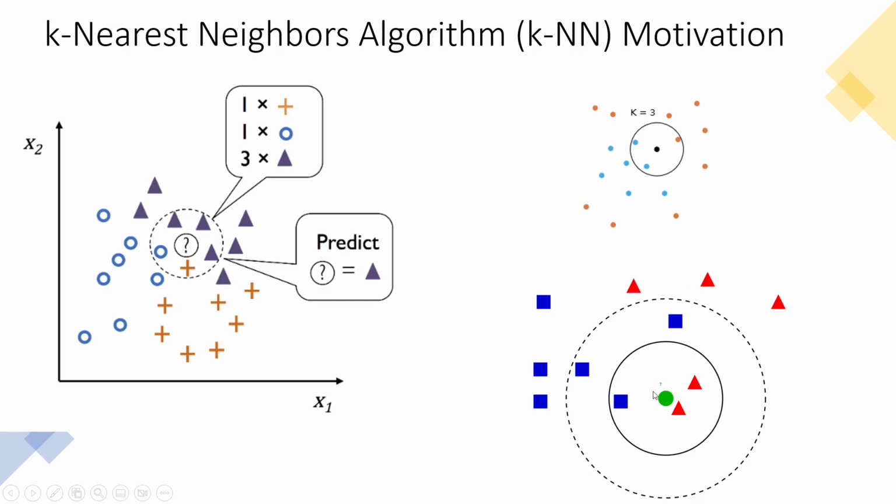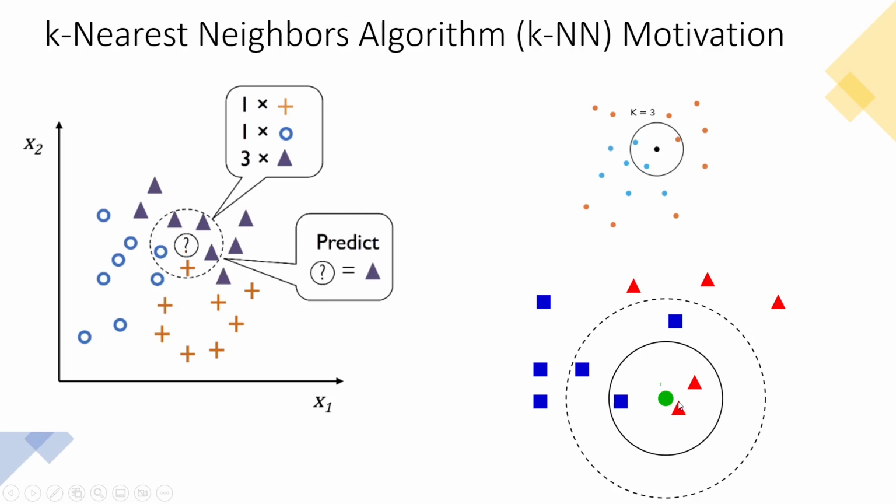Let's look at this example. Let's say initially we selected k as 3, which means we have 2 triangles and 1 rectangle when we select k as 3. And that means with the majority voting we have this element from the triangle class.